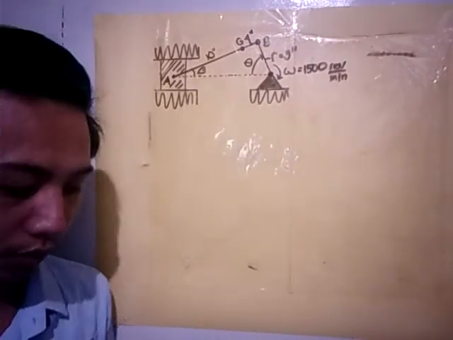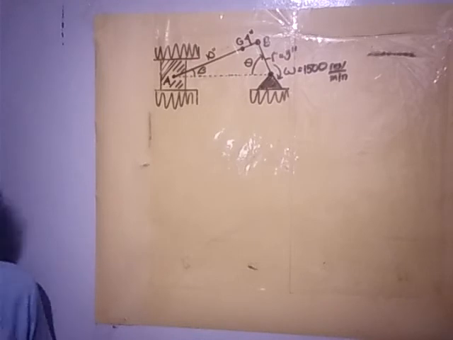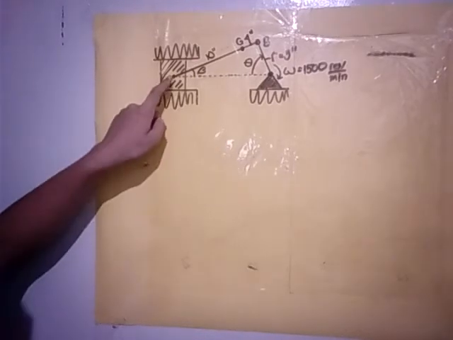Then the angular velocity of AB is 29.5 rad per second, and our theta is 60 degrees. So first we are required to determine the acceleration of the piston A. So this is the piston A.